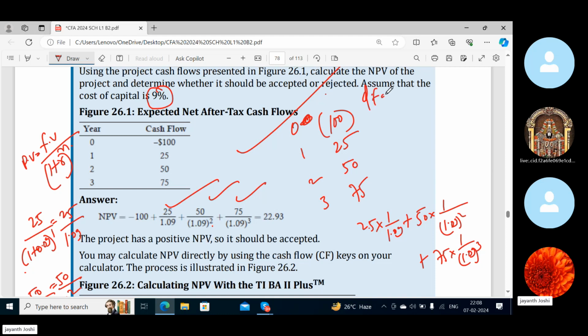Discount factors at the rate of 9%. Multiply the values, discounted cash flows.